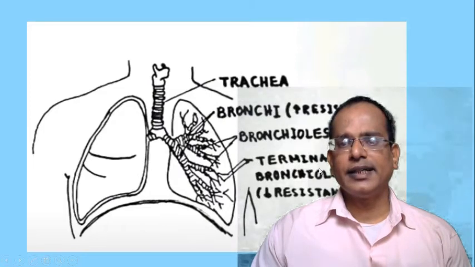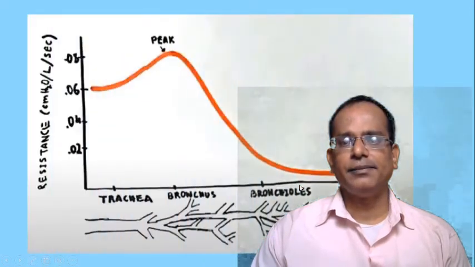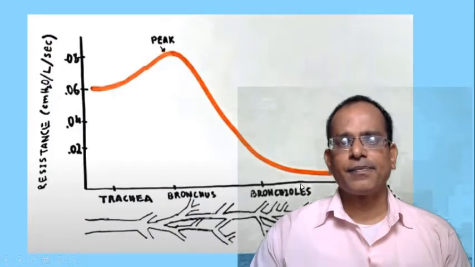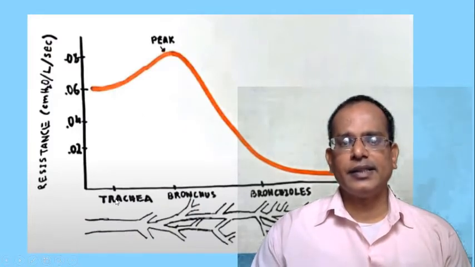So this indicates that when airflow is high, the resistance in the air path is very low. That is, airway resistance is very low in the terminal bronchioles. If you see the diagram, you can easily understand. In the trachea, the resistance is somewhat high.